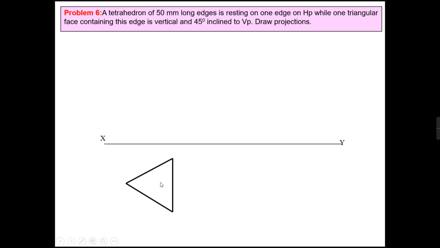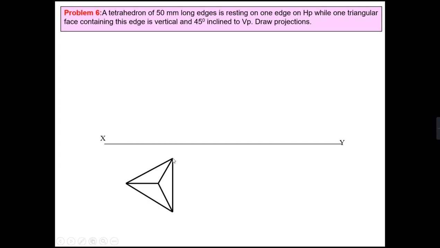So the center point will be at h by 3 distance from this line. If I draw a straight line from this point to this line, then from this line I will get the center point at a distance of h by 3.